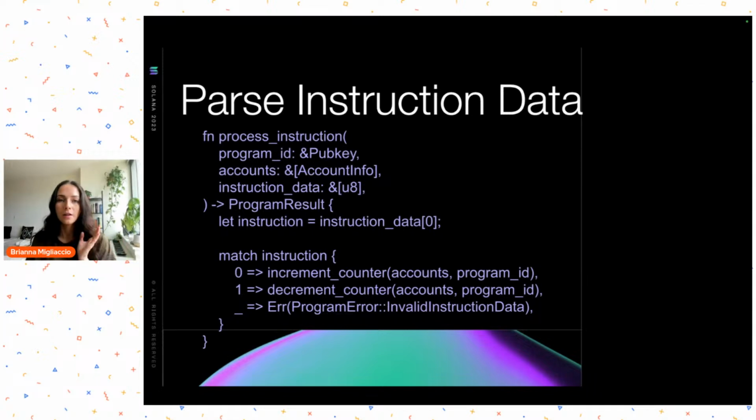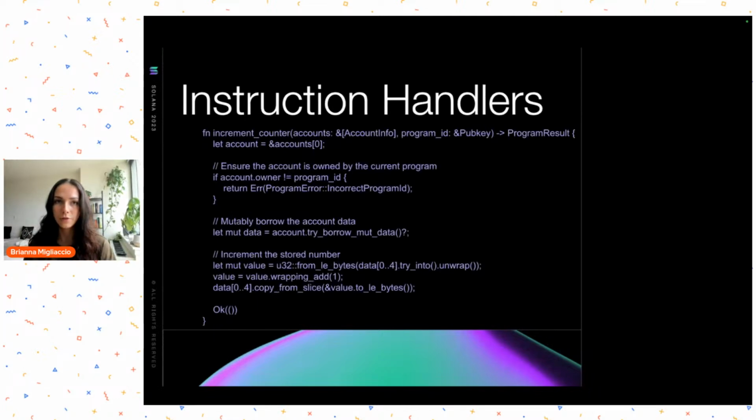Okay, so now that we have our entry point mapped out, we have our processor mapped out, we want to be able to actually write the logic. So we'll just go through here. This is an example of the increment counter. This is your instruction handler. Within each instruction, you have corresponding logic. Here's the increment counter that would be called if someone passes 0 through the process instruction.